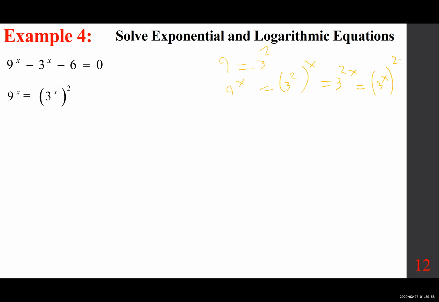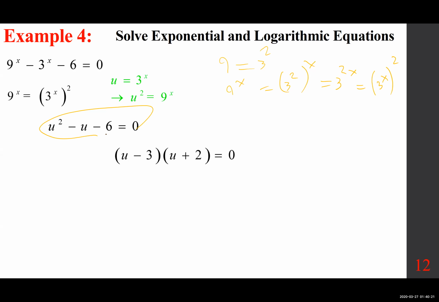Why are we writing it in this form? Now we can let 3 to the power of x be a variable of your choice, such as u or y, or choose anything you want, except x, except x. And now this is a simple case of factoring.